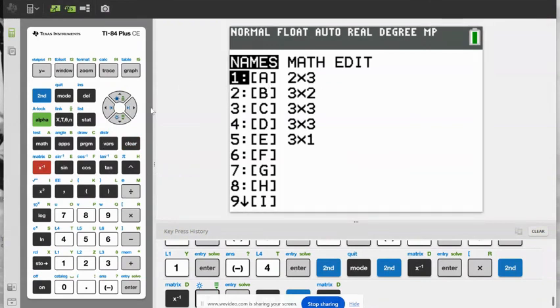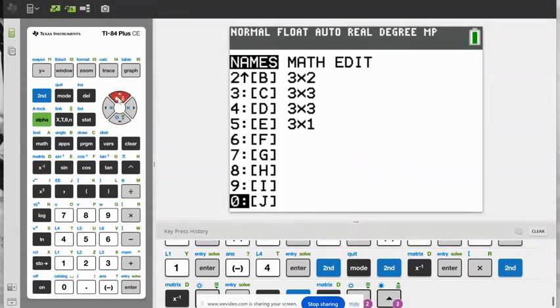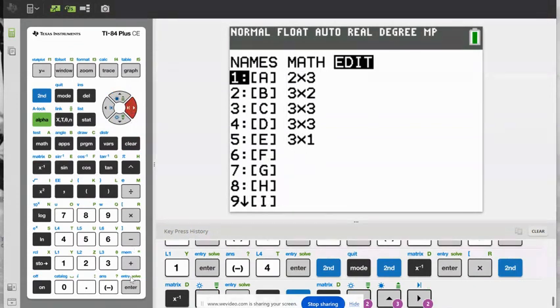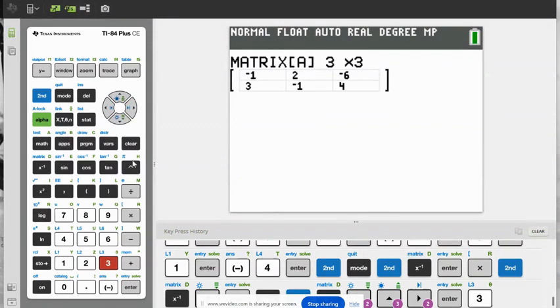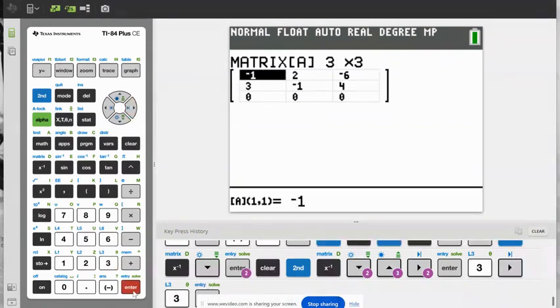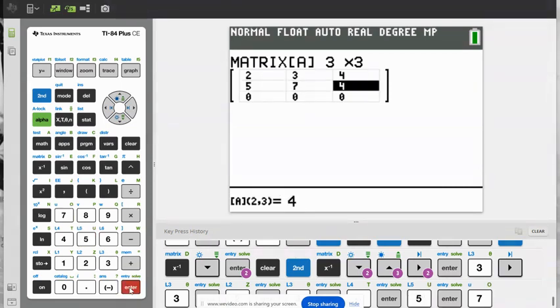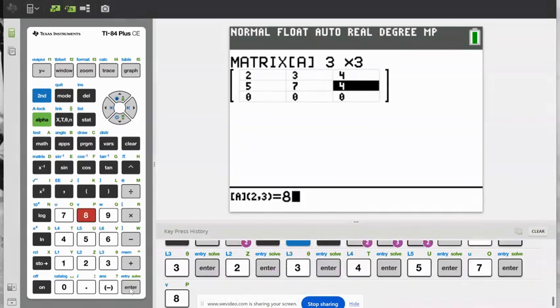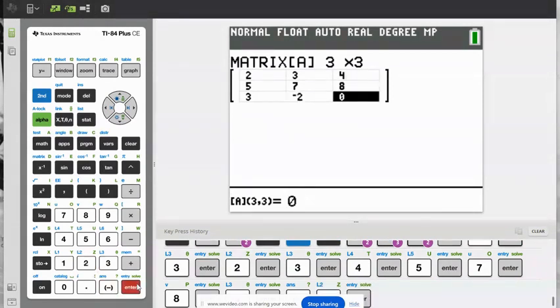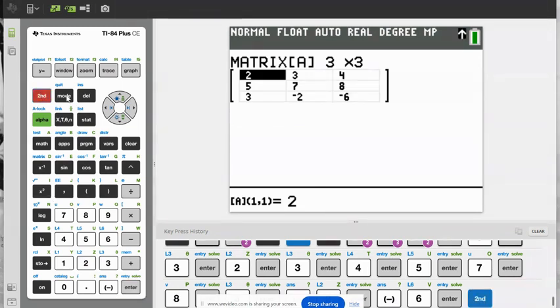I'm going to call it matrix A. It's a 3 by 3. I'm going to second quit it to save it.